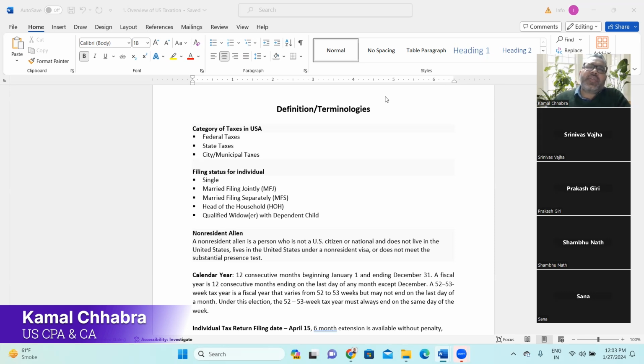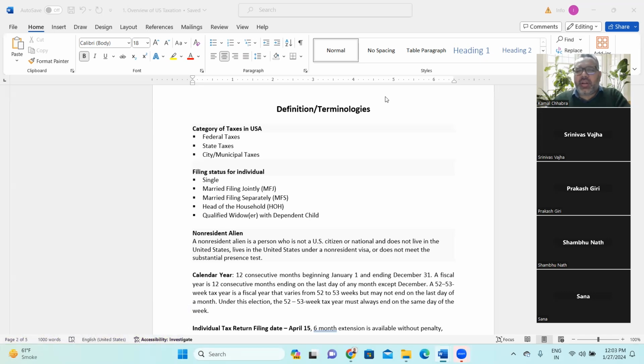The first is, before the death of the spouse, you both must be filing a joint return, right? Because the qualified widower will get all the benefit of a joint return for the next 2 years. But there are certain conditions which need to be followed.